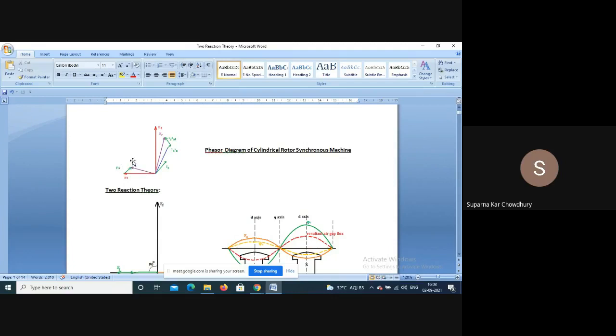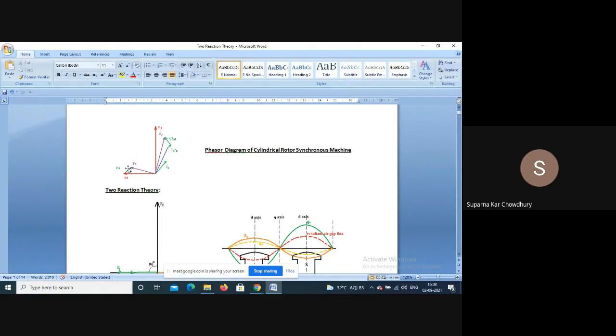So under loaded condition, what exists is the resultant MMF FR. This induces the EMF ER or the air gap voltage under loaded condition. This minus the leakage reactance and resistance drops gives you the terminal voltage. The difference between EF and ER is IA XAR, or the change in voltage due to armature reaction.